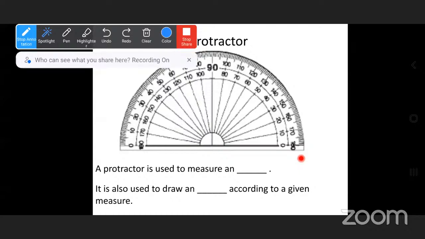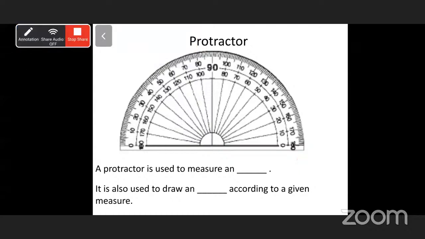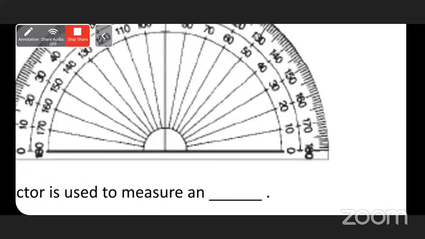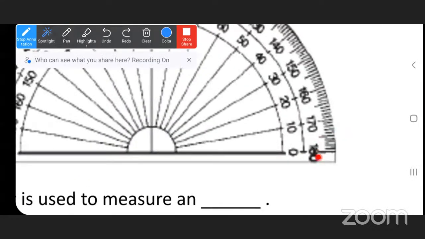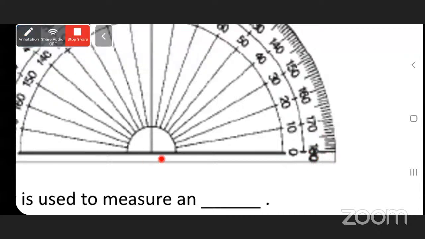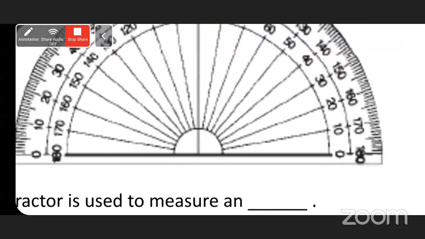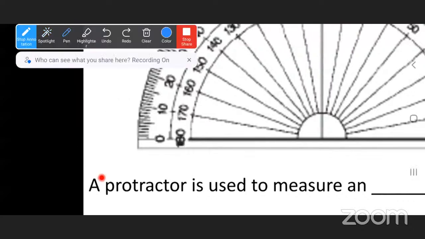If I zoom this image, you can see each line indicates a degree. The first line is 0, the second one represents 1, 2, 3, and so on.